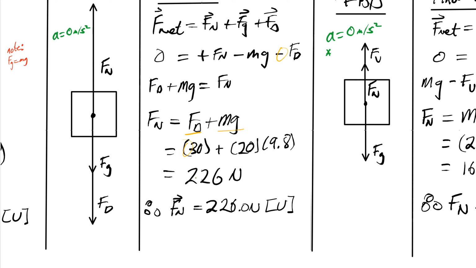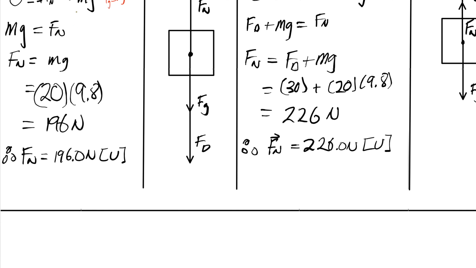And this gives us a value of 226 newtons. Now, if we compare that to the answer in part A, the normal force was 196.0 newtons. In this case, the normal force is now 226.0 newtons, which is 30 newtons greater, making sense because the normal force now has to resist with much greater force.